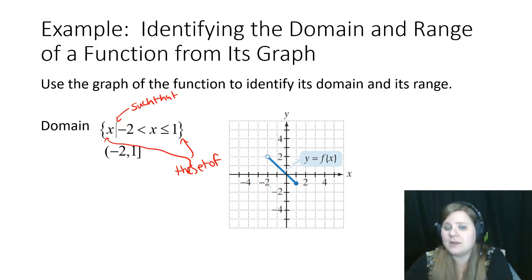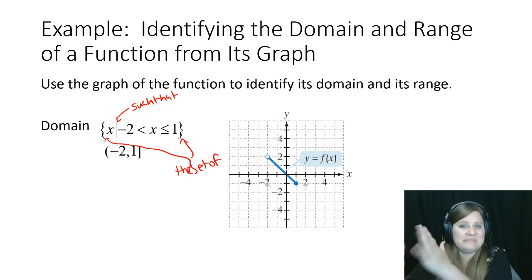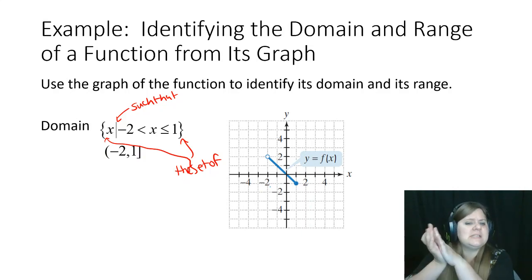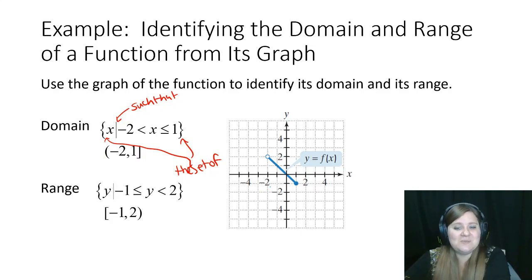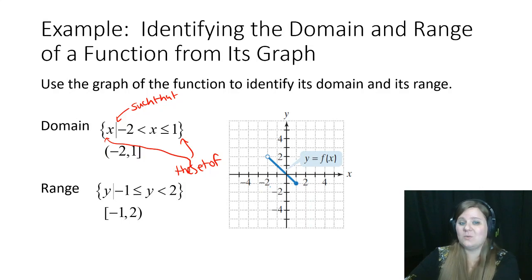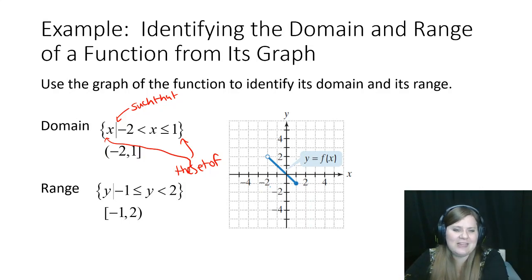You can write your answer that way, but what I've discovered is that there are a lot more pieces to accidentally forget, which is why I'm sticking with the parenthesis and bracket method, which is the interval notation. And you'll see y is negative 1 is less than or equal to y is less than 2, which again can be simplified by writing it as the bracket negative 1, comma 2, parenthesis.